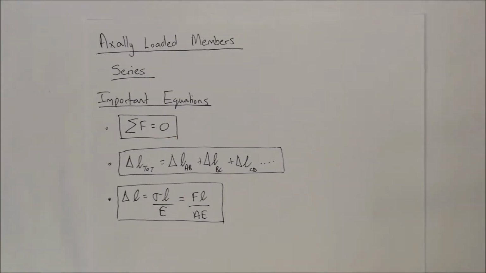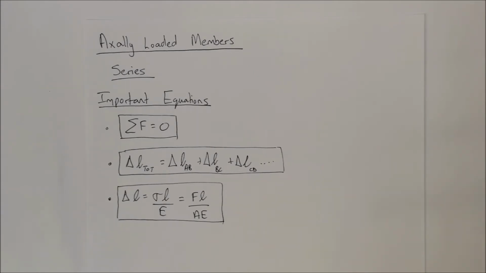There are a few equations that we need to look at, which are going to be important. The first is that the sum of forces is equal to 0. We know for equilibrium systems, the sum of forces must always be equal to 0.